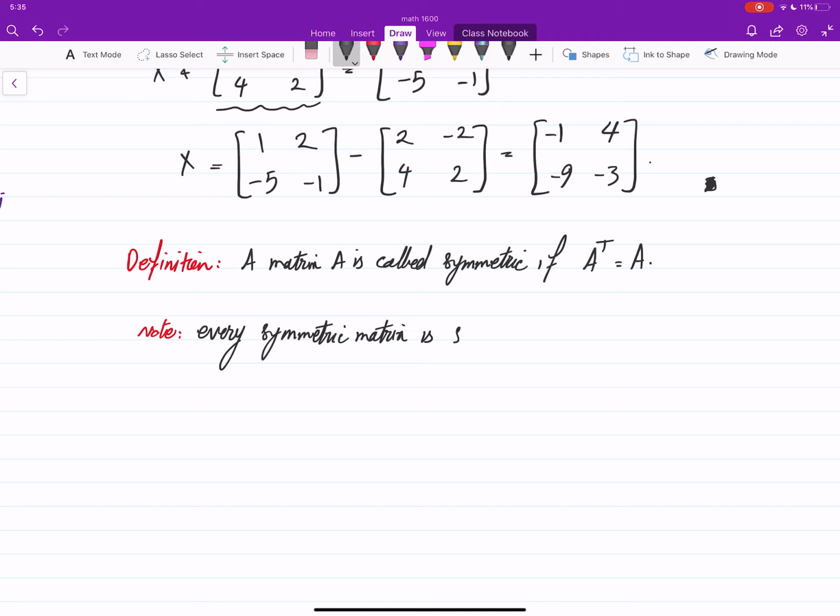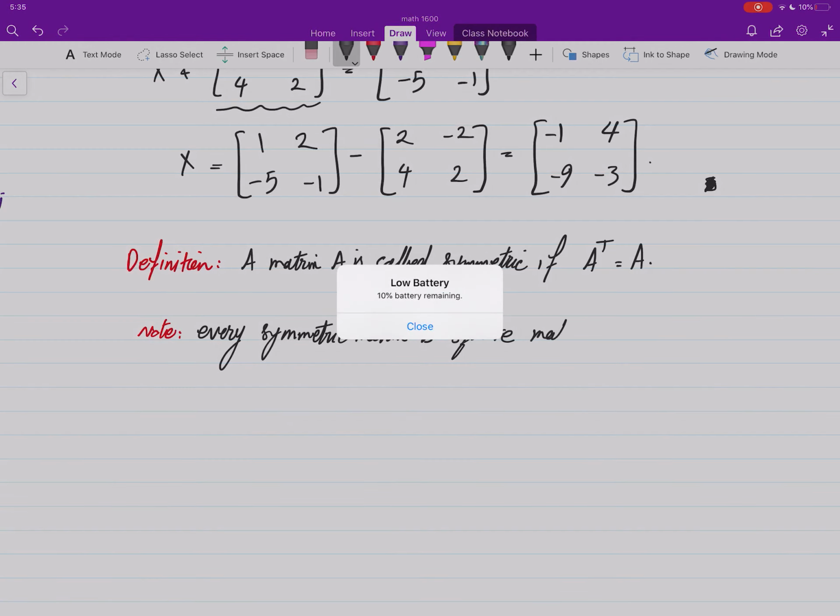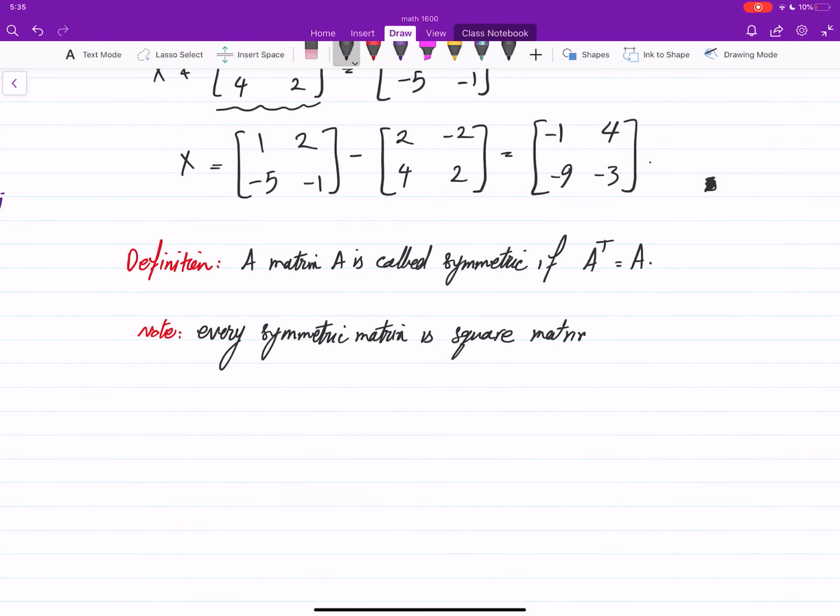Why is that so? Because A transpose is equal to A. That means the number of rows of A is equal to the number of columns. That's what it means.